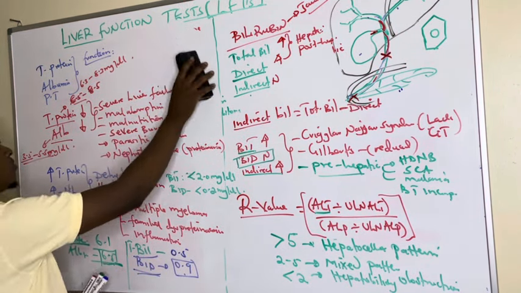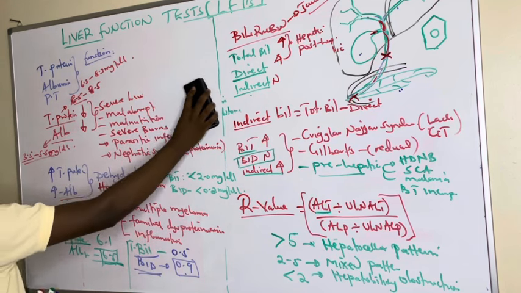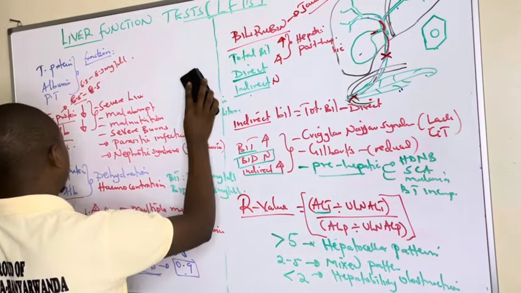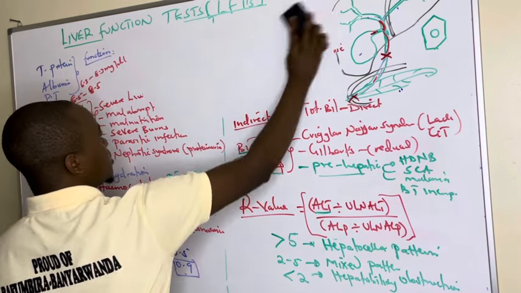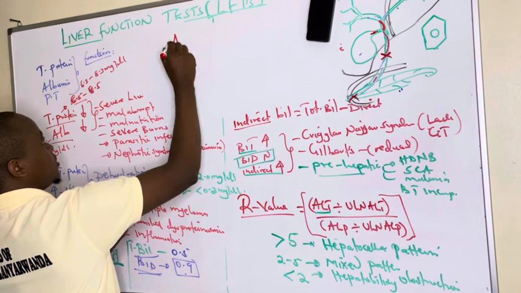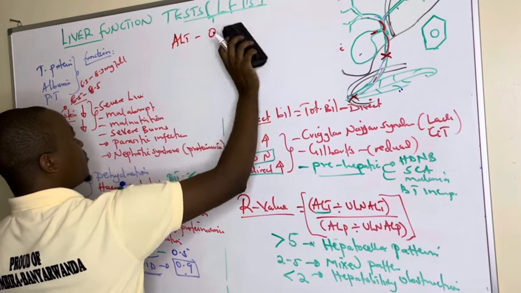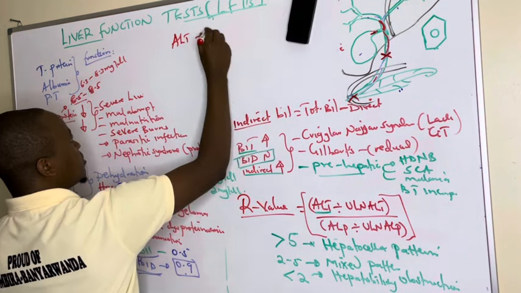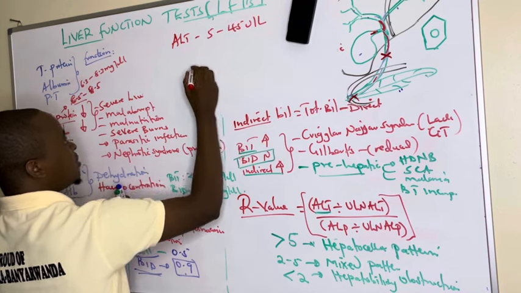So I end by giving you the reference ranges of all the results. ALT, its reference range is 0, or some books give 5, to 45 international units per liter.